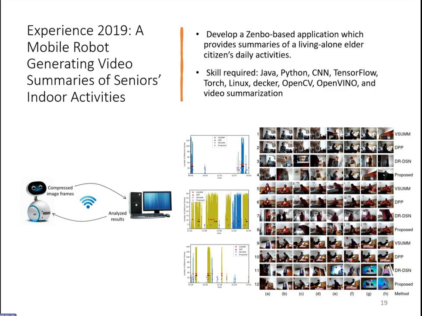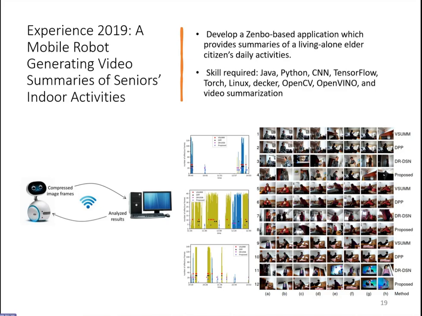Okay, so my idea was, I try to train the robot so that the robot can follow the older citizen. And then I use the robot camera to make a video recording of the elderly citizen for the whole day, say 16 hours. And 16 hours is very long.